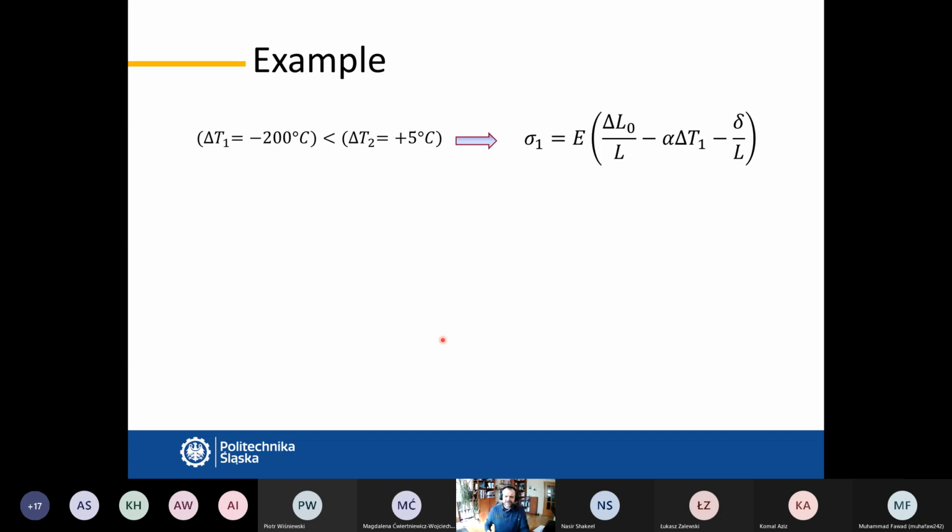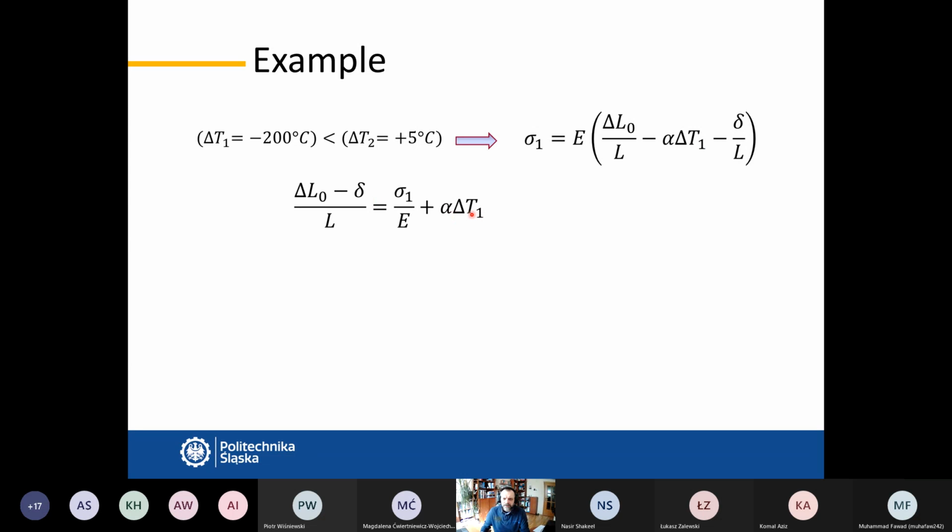So stress 1 in the internal pipe, on the basis of the formula which was discussed before, is determined on the Young's modulus, the deformation of the entire object divided by the original length, of course, and increase in temperature of the first object minus the gap when they come into contact.